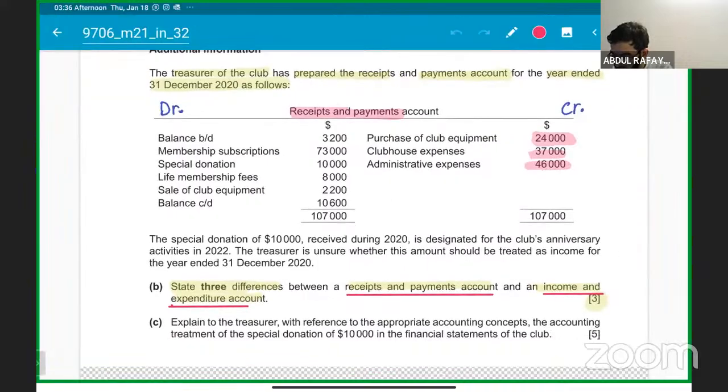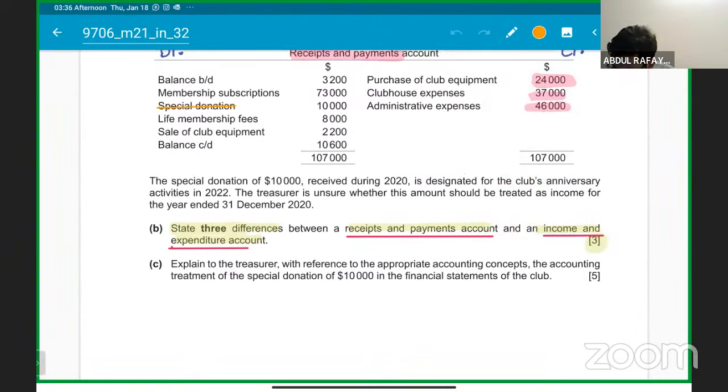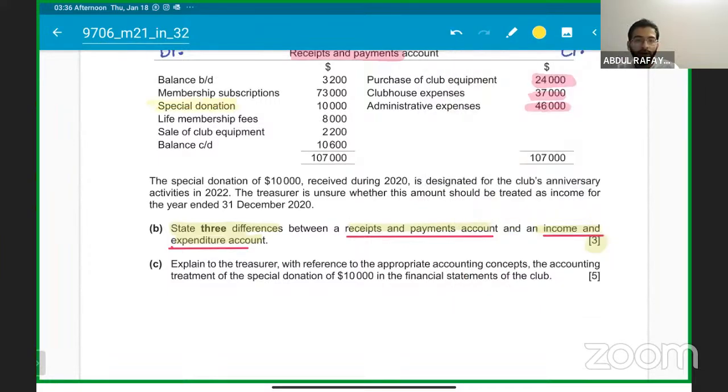So let's read the adjustment. We forgot to read the adjustment here. We have, students, a special donation of $10,000, because everyone understands that a club will get donations. Donation is a very important part of this syllabus as well. They have been asking questions on donations a lot in recent papers, so follow carefully for club accounting. They don't ask in the IGCSE level O levels, but they have given special weightage to this.